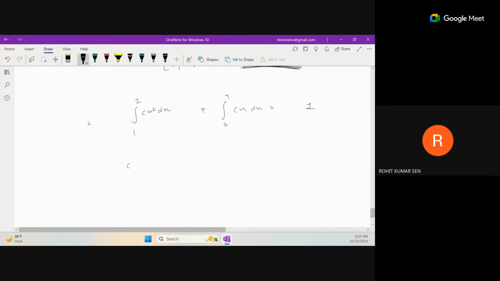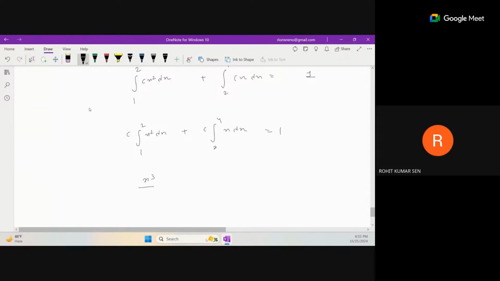I will take c outside. x square integration is x cube by 3, from 1 to 2, plus c times x integration, which is x square by 2, from 2 to 4.